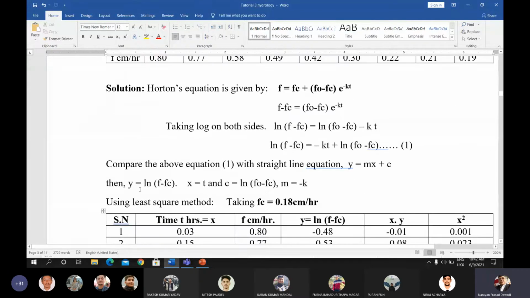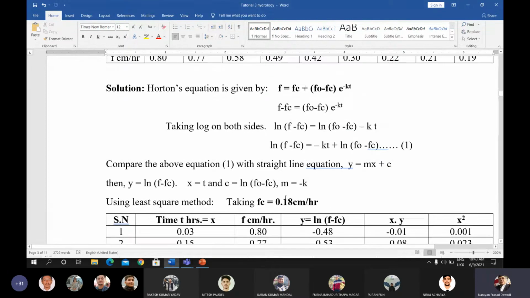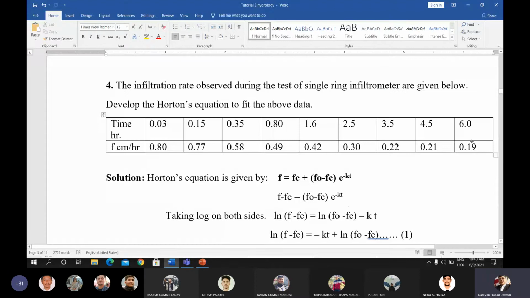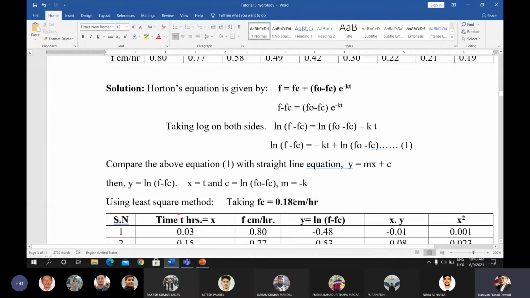Now y is equal to ln(f minus fc), x is equal to t, c is equal to ln(f naught minus fc), m is equal to minus k. From this equation, now we are taking fc as 0.18 centimeter per hour, just below 0.19.